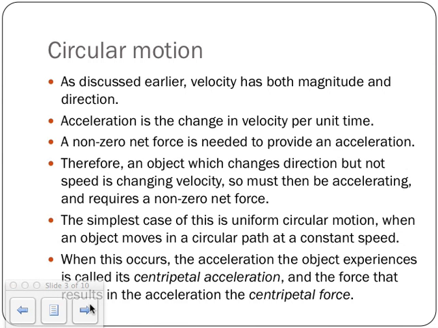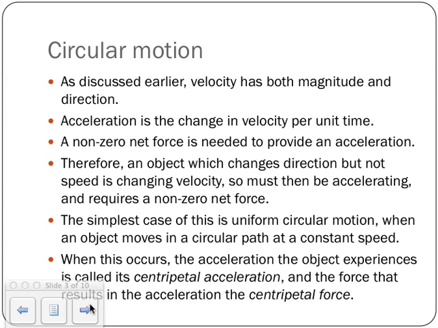Circular motion. As we discussed earlier in the unit, velocity has both a magnitude and a direction. It's different than speed, which just has magnitude. We also know that acceleration is the change in velocity per unit time: the final velocity minus original velocity, all divided by the time.